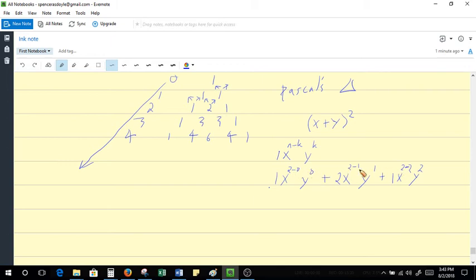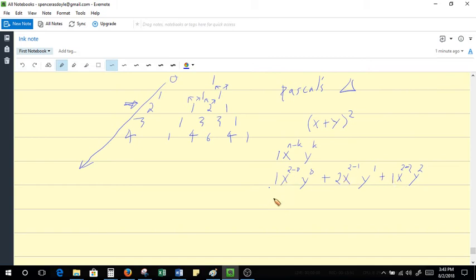So k goes in both spots. And it just literally means that one is increasing while one is decreasing by 1. And then the leading integers all come from the power. So if we're looking at a power of 2, then we use the second row. So 1, 2, 1.